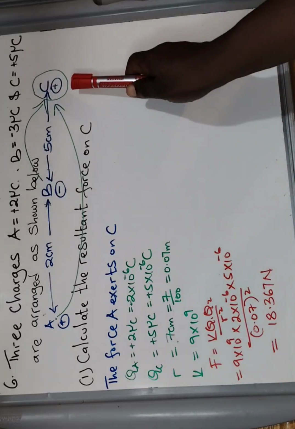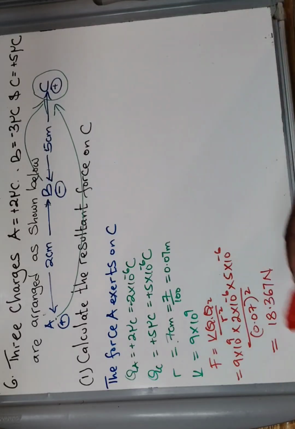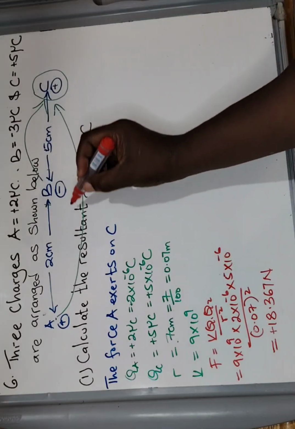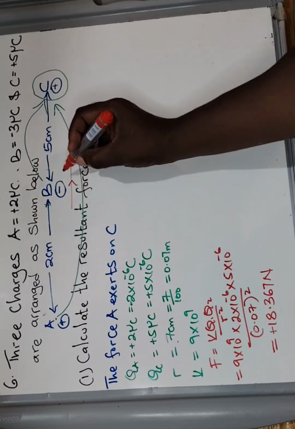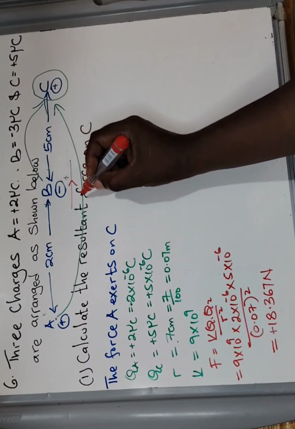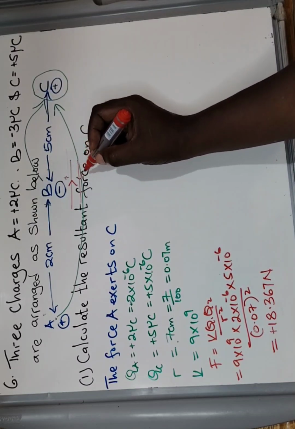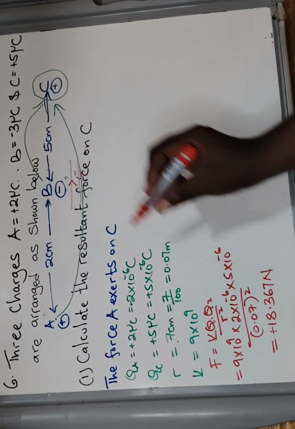So when repulsion occurs, where will C go? It will go to the right. So it's positive, on that account that we chose right to be our positive and left to be our negative.